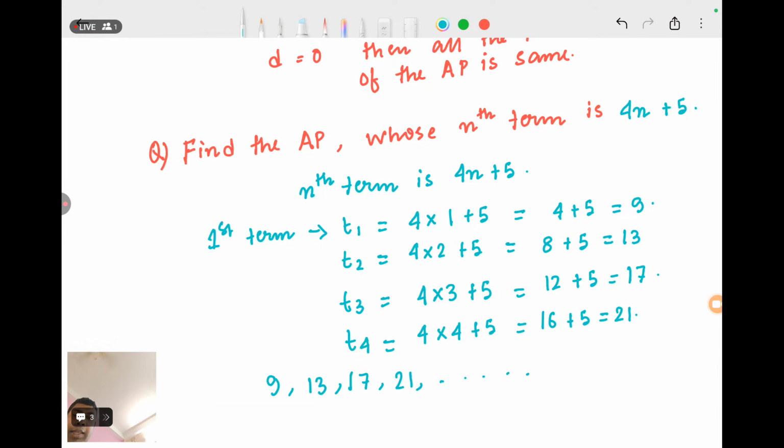Here you can see that the difference between the first term and the second term is 4, then the second term and third term is 4, and the third term and fourth term is 4. So it is a sequence and it is also denoting an arithmetic progression. Okay, now you have understood what arithmetic progression is in a complete way.